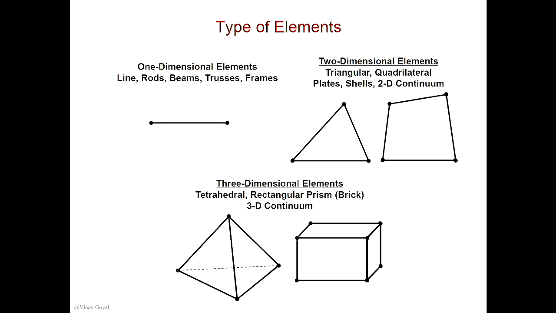the type of elements you can encounter in structural mechanics problems, and even heat transfer, will be one-dimensional, such as lines, rods, beams, trusses, frames. We've covered this extensively. Two-dimensional problems, you can discretize the domain into triangles and squares or quadrilaterals.